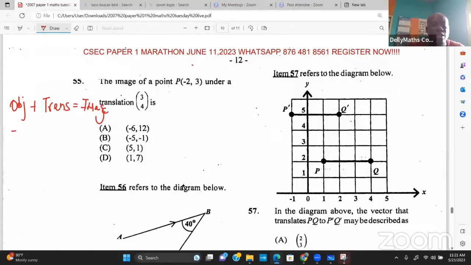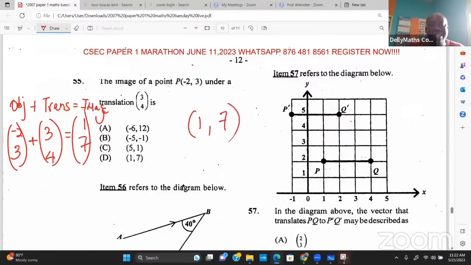Object -2, 3, I have to put it in a column vector form to suit the translation. 3, 4. -2 plus 3 is 1. 3 plus 4 is 7. So the coordinate I'm looking for is 1, 7. Definitely at the back here.